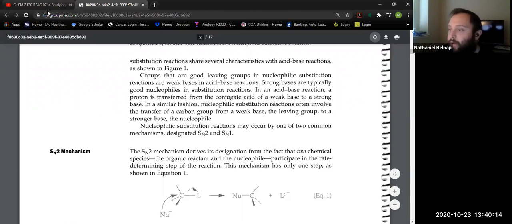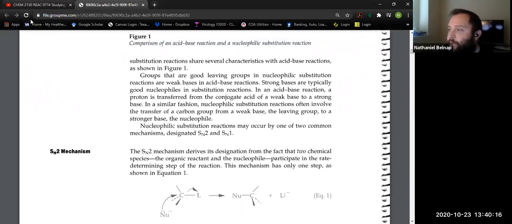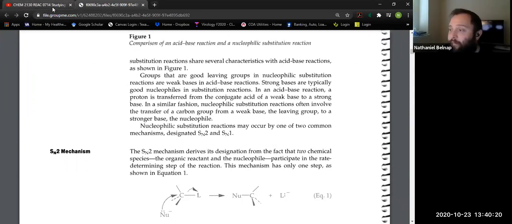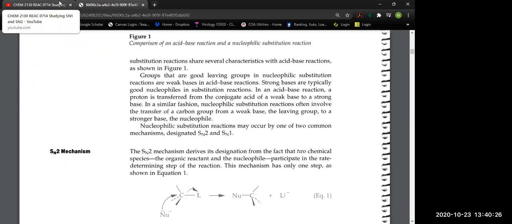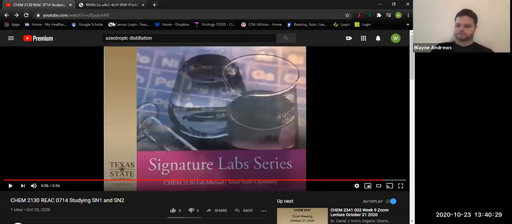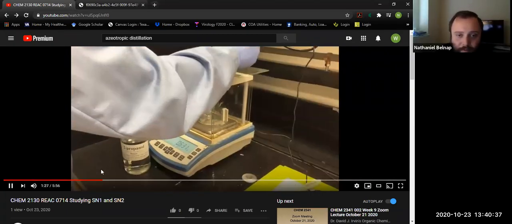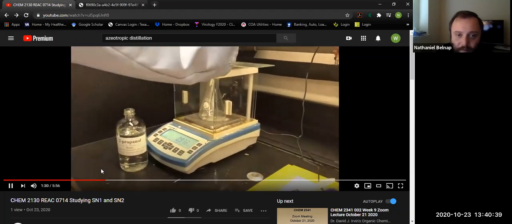Did he actually have it down? It was 1 gram in the video. It was exactly 1 gram? I could be wrong, but that's what I wrote down. Okay, let's go back. I saw 1.07. 1.07. Okay, here he is adding the 1-butanol, right?